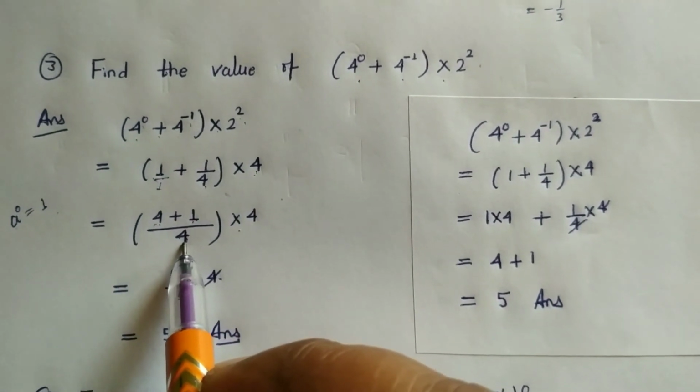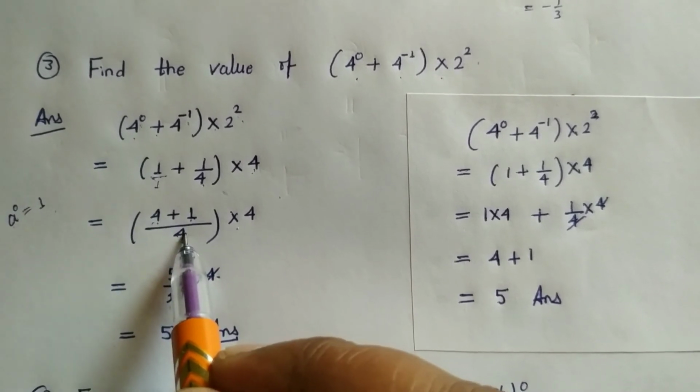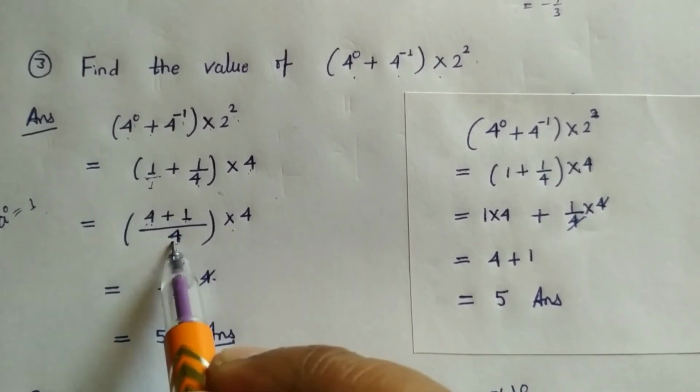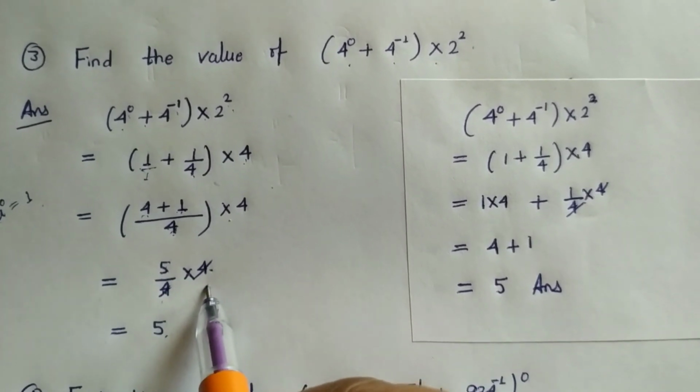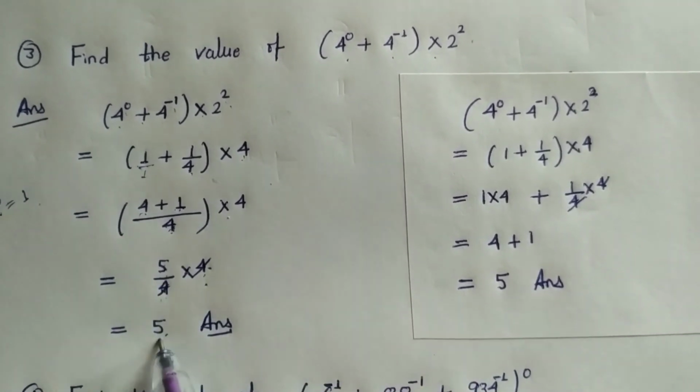Here LCM is 4: 1 times 4 is 4, and 4 plus 1 is 5 by 4, whole multiplied by 4. The 4s cancel. 5 is the answer.